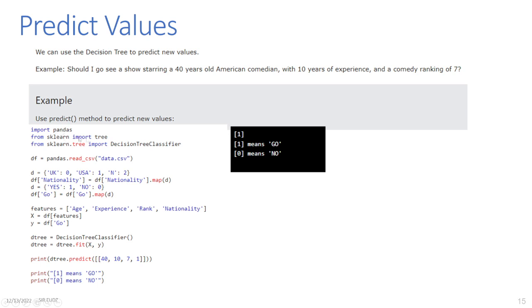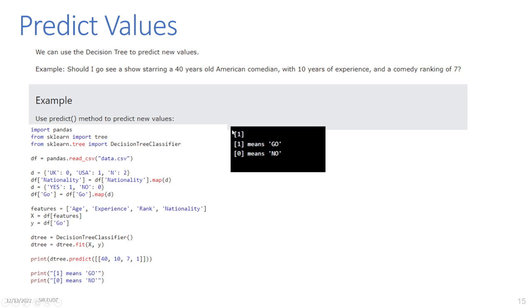So the same, we import the following, we map features, then we fit, then we now try to predict. So 40 is the age, experience is 10, rank is 7, and nationality is USA. And then based on this will give us the result of the prediction.